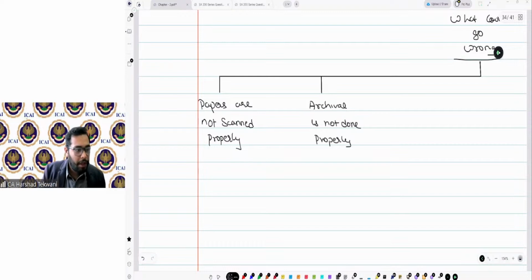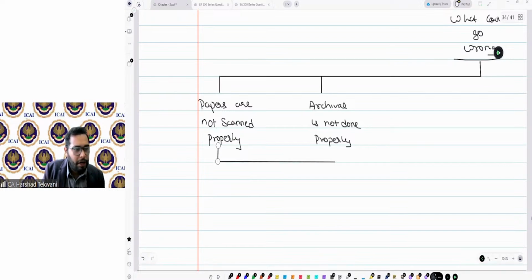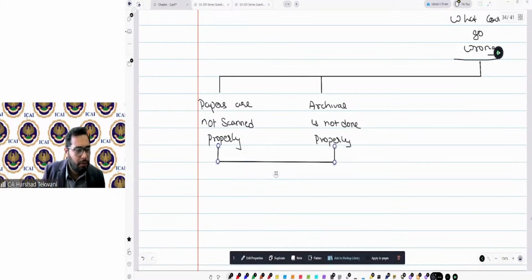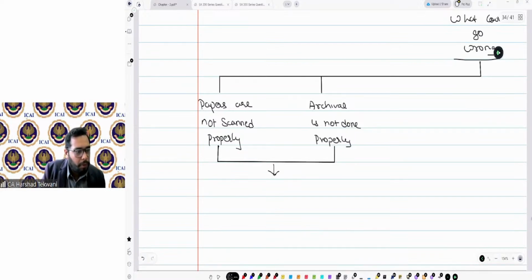If I combine both of them, the only risk I can identify related to both of these areas is record retention risk.